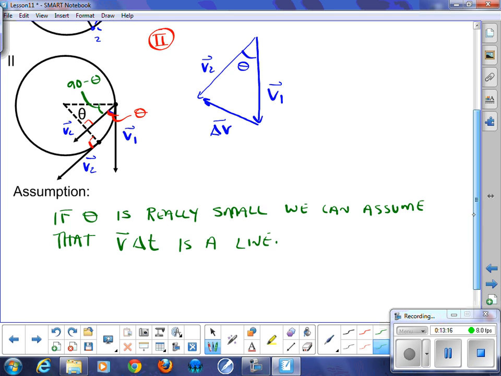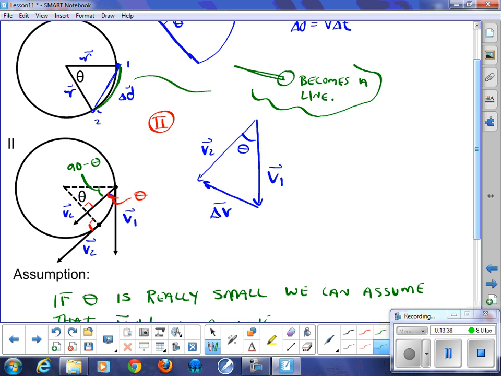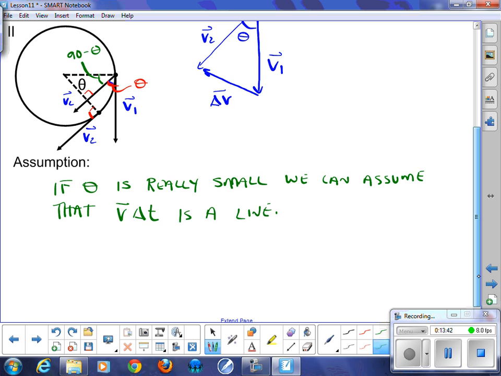Okay, so going back up to the original diagram, this distance here, if we were to shrink that pie down really, really small, such that the radiuses are almost touching, that is what's becoming a line. The curve gets so short that it becomes what looks like a line. So if we take our theta really, really small, then that V delta t becomes a line.